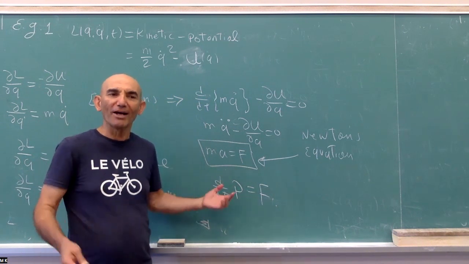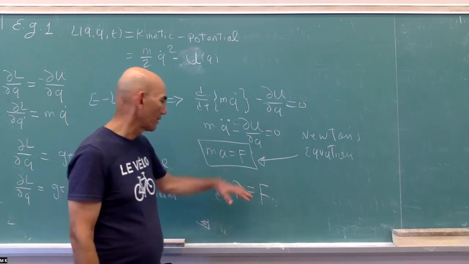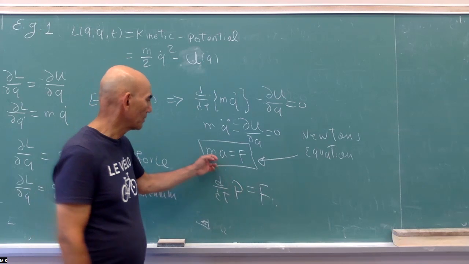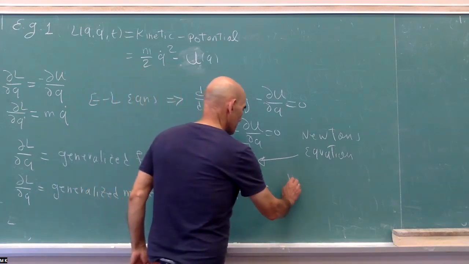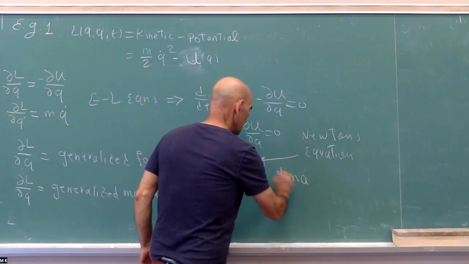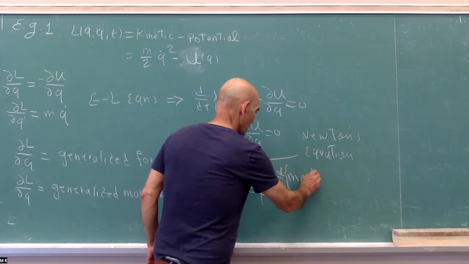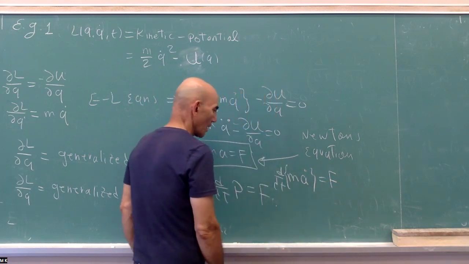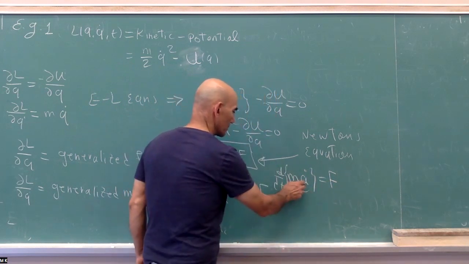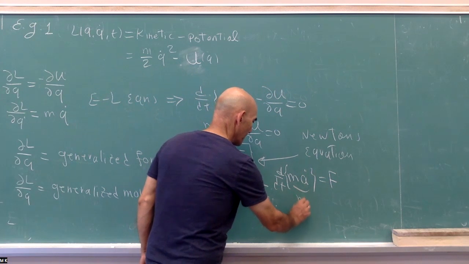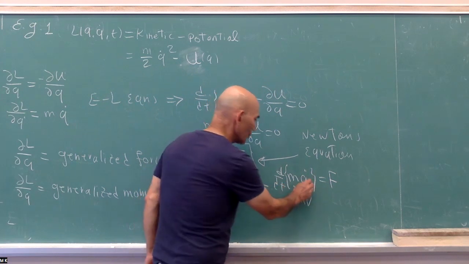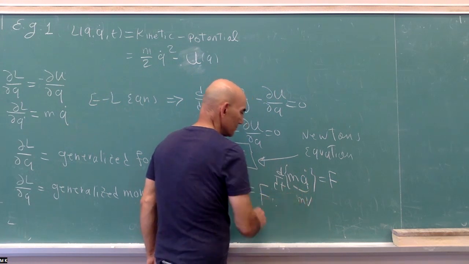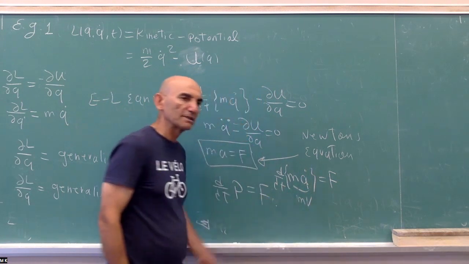So it's a generalized Newton's equation in a way, because Newton's equation you can also think about as d/dt of m q dot equal to F. Here q dot is velocity, and m times velocity, as we'll see, is called momentum.